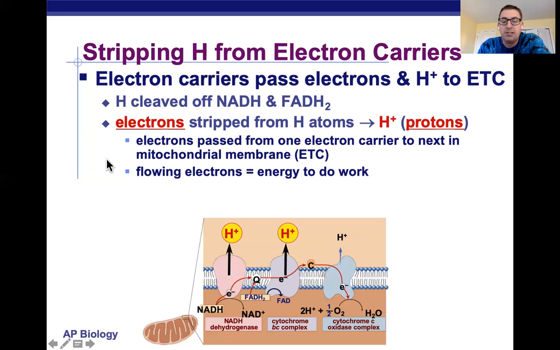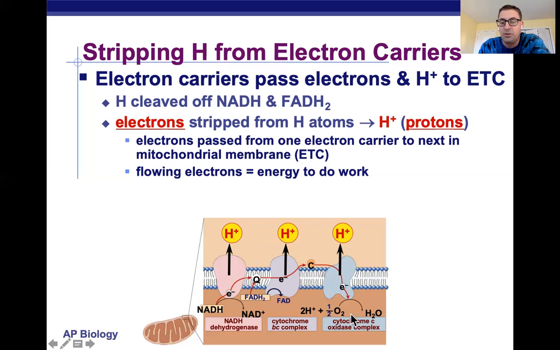As these electrons move, the energy that they release is used to pump protons from the mitochondrial matrix into the intermembrane space. So we're building up this proton concentration gradient inside of that intermembrane space. We're getting an electrochemical gradient, where the intermembrane space is going to be more positive than the mitochondrial matrix.